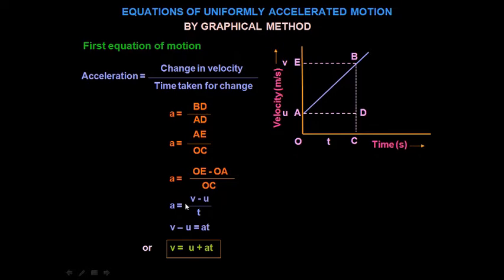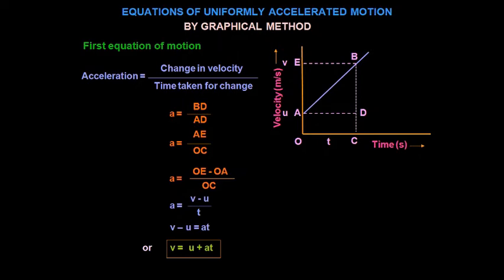So a is equal to v minus u upon t, because OE is the final velocity v, OA is the initial velocity u, divided by OC, which is time. Now cross multiplication, v minus u is equal to at, or v is equal to u plus at. This is the first equation of motion.